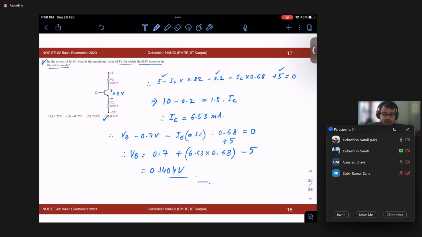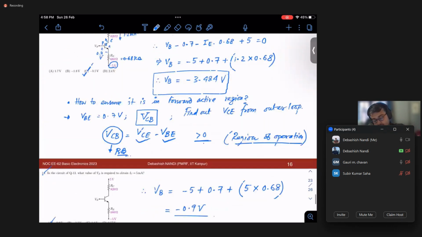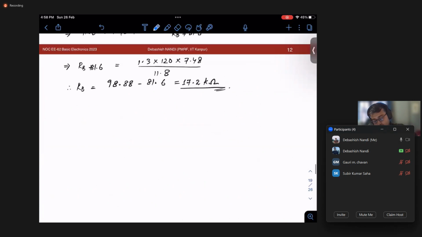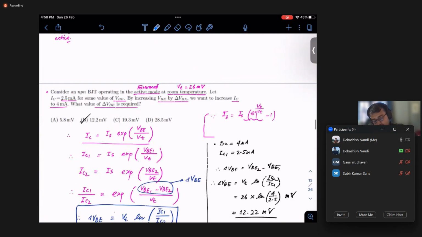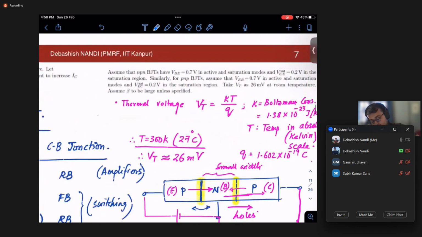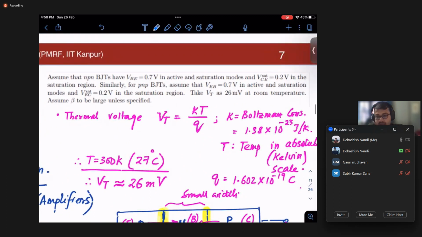Yes, Gauri, please go on. Sir, the 0.2 volt value, assume. Oh, let me show you. There was an instruction given. This was the instruction: assume NPN, active operation, for all the problems.